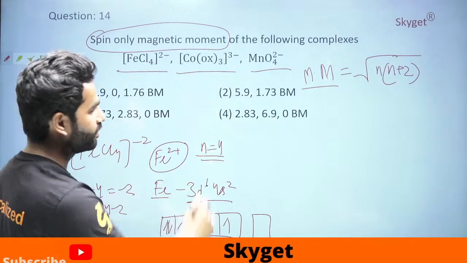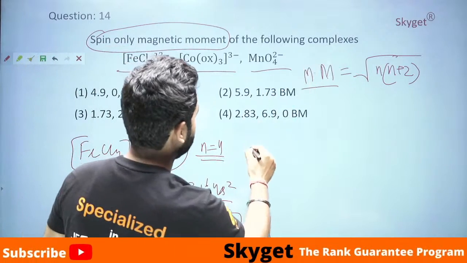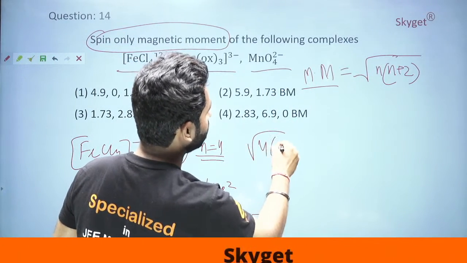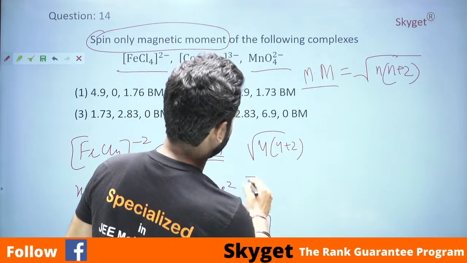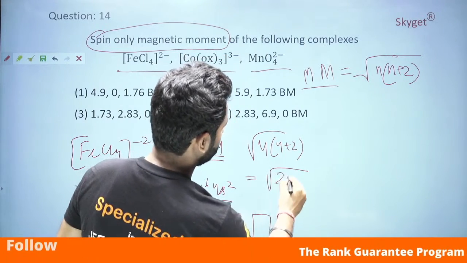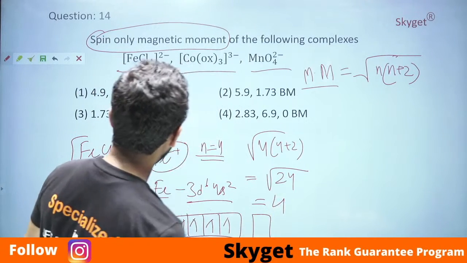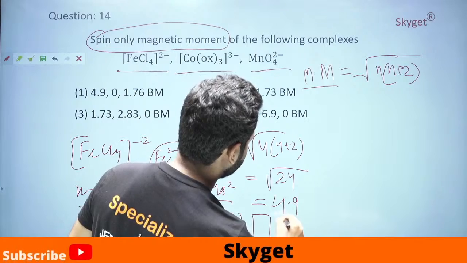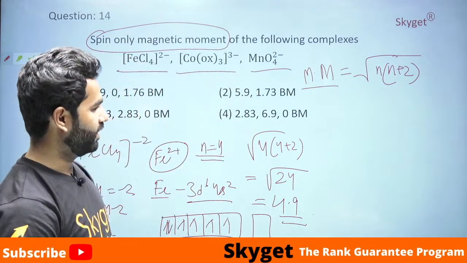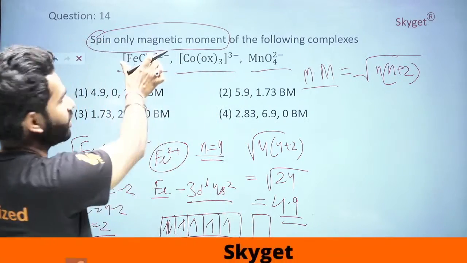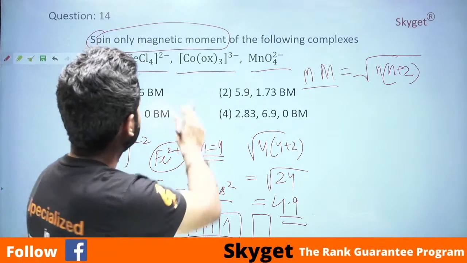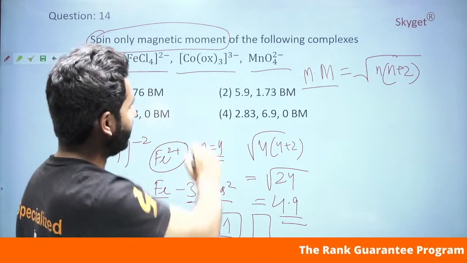Here n is 4. Put in the 4: square root of 4 into 4 plus 2 is equal to square root of 24, which comes out to be very close to 4.9. Okay, this is about the FeCl4 compound ion. So we got the magnetic moment of FeCl4.